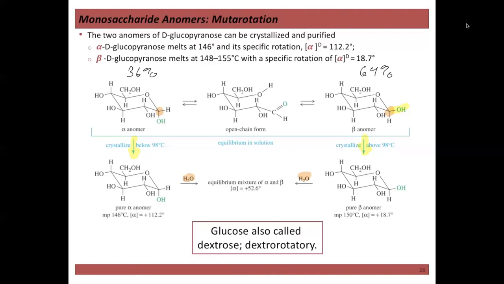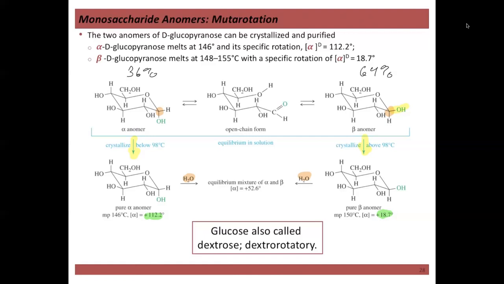And what that process is called, again, is the mutarotation. Something that's interesting, if we look at the optical rotation here, the pure beta anomer is rotating positive. Now, if we just change one stereocenter there, and we just have the alpha anomer, all we've done is change the configuration of one stereocenter, and you can see that its pure form actually rotates light a lot more to the right.